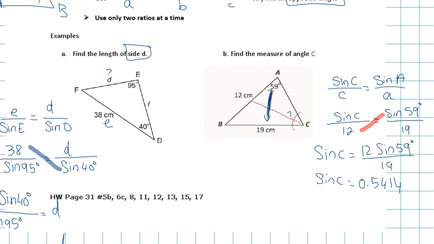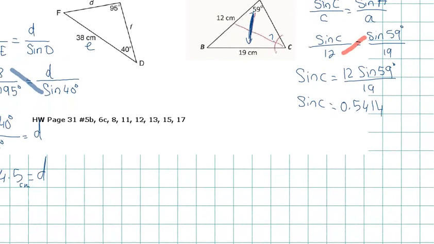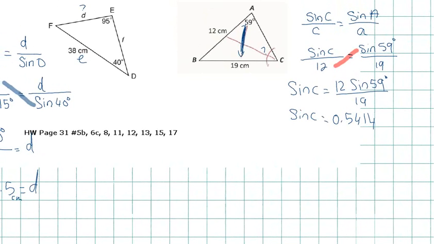Okay, now sine C equals this. Did I find my angle? No. What do I have to do to find my angle? Sine inverse. Remember, anytime I'm looking for an angle, I have to do that inverse. So angle C is sine inverse 0.5414. So what do you do when you get that? 33 degrees.